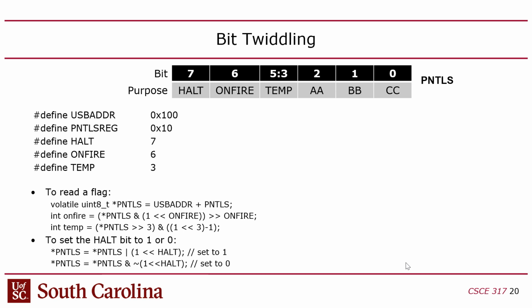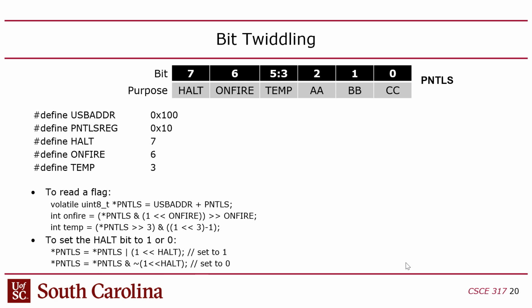It's how far into the USB address space I go to get that. So it's an effective address calculation. So I calculate the effective I/O address of that specific register and declare it as a pointer. And then once it's in a pointer, I simply dereference it, assuming that's okay for this architecture.